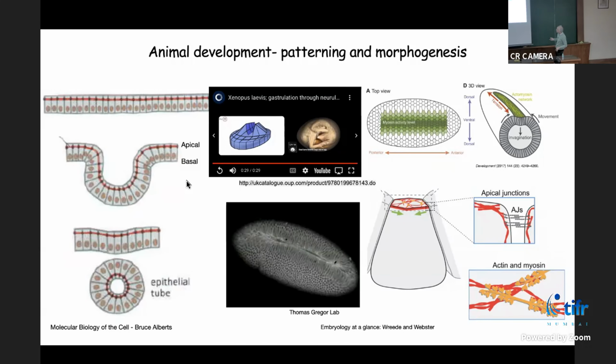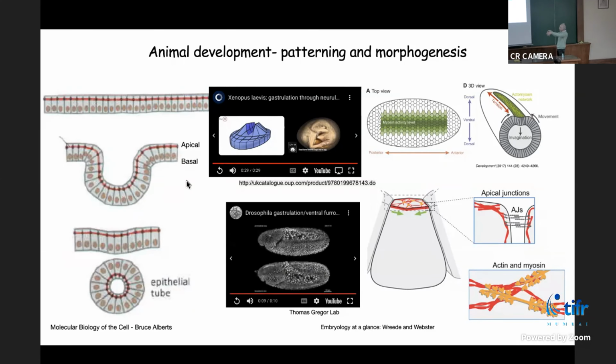And I'll come to this in a minute. Something very similar happens in the second video, wherein you will see that these cells are going in. Initially they will form some kind of depression, and in the end they will get integrated inside the embryo.